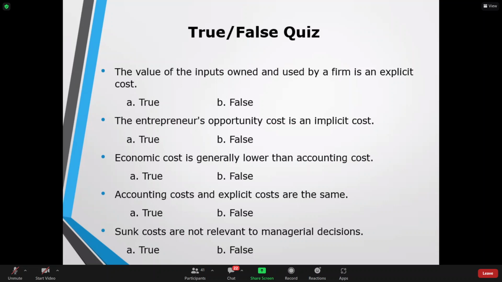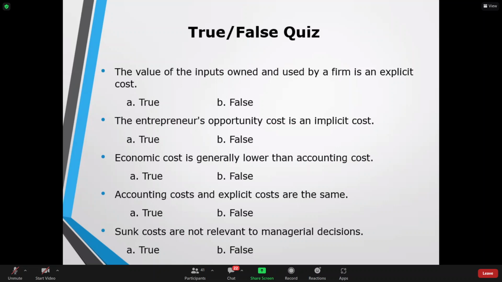Say, for example, something to be incurred. We take the decision whether we continue with the project or not. That is a managerial decision.